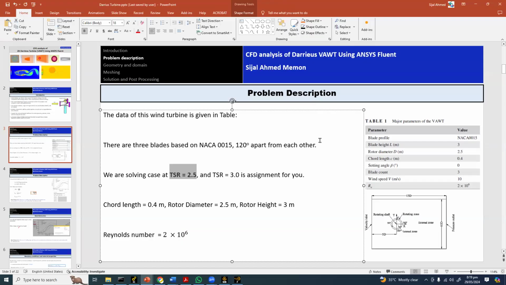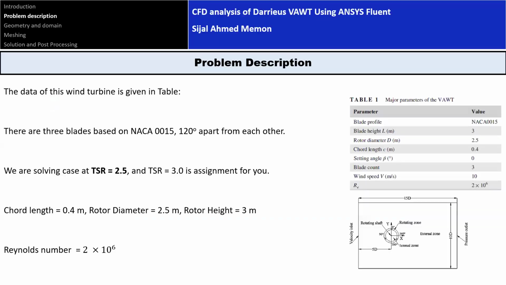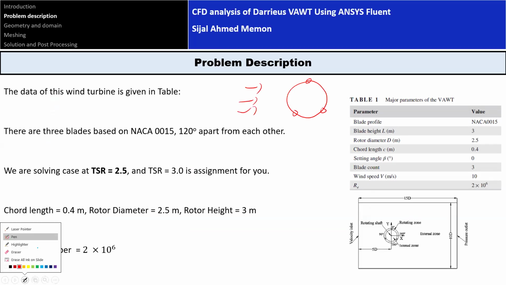So for TSR 2.5, the TSR is actually the ratio of the linear velocity, the tangential velocity, to the wind speed. So this wind turbine is here. The wind turbine blades are here, and wind is coming from this direction. The blades are moving in a circular path.